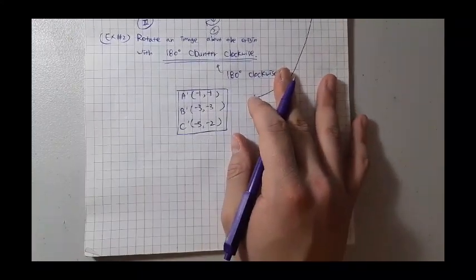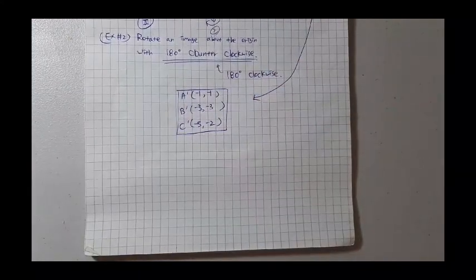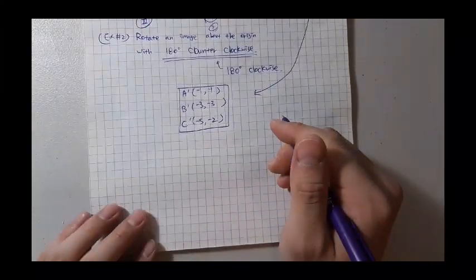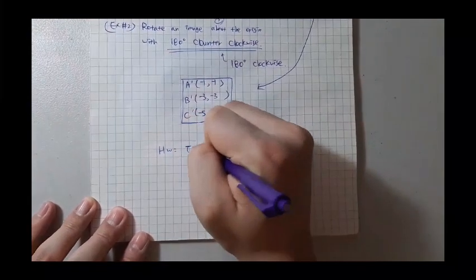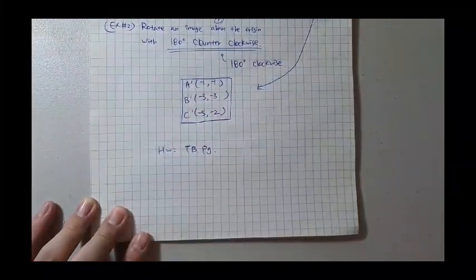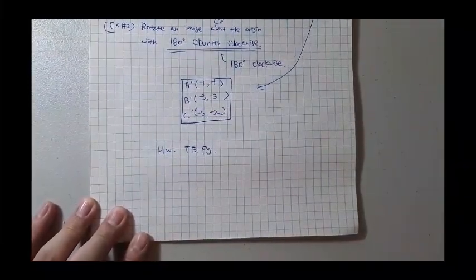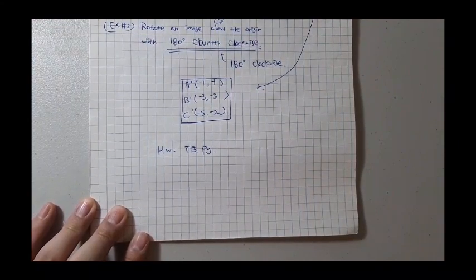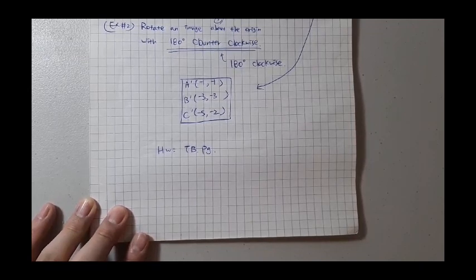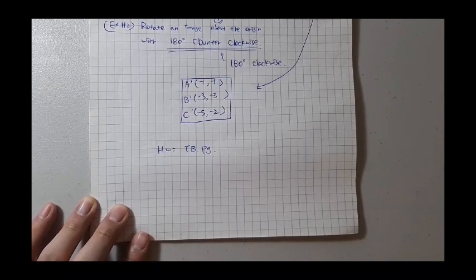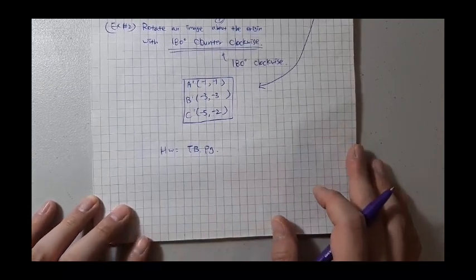Your homework question will be based on the textbook. And it's going to be a little bit different type because I am using a slightly different setup of an image.